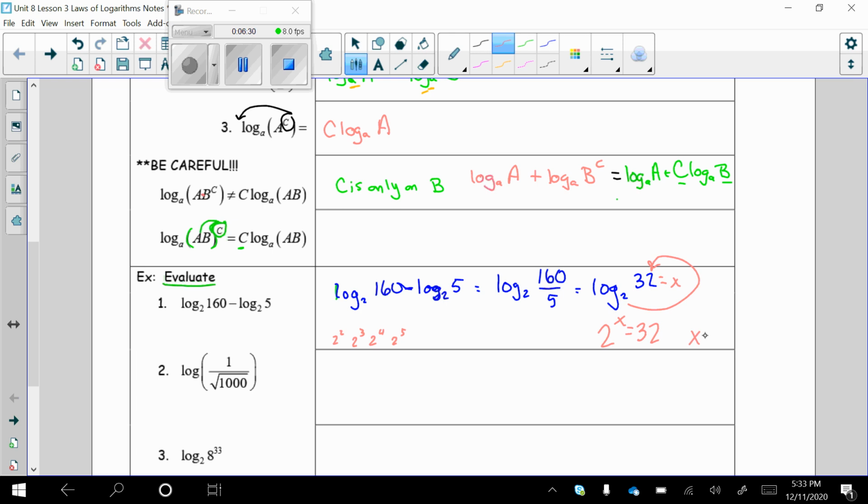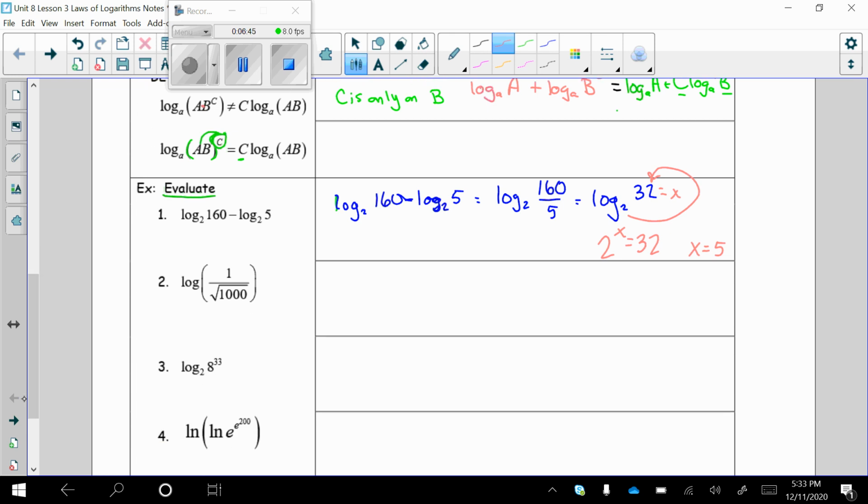And so x equals 5, which means log base 2 of 32 is equal to 5. So sometimes condensing it helps you solve it faster.